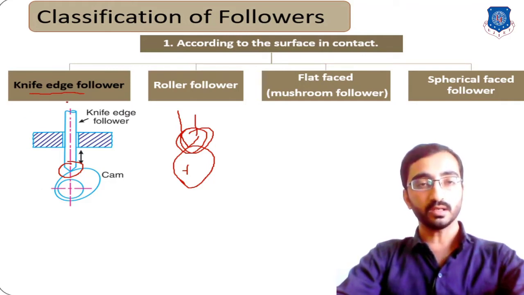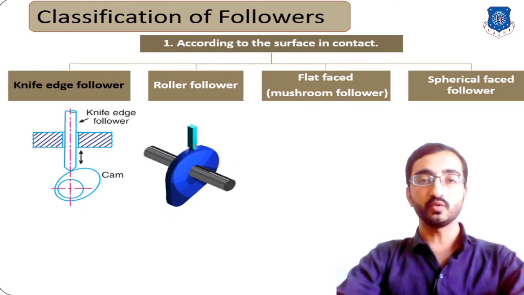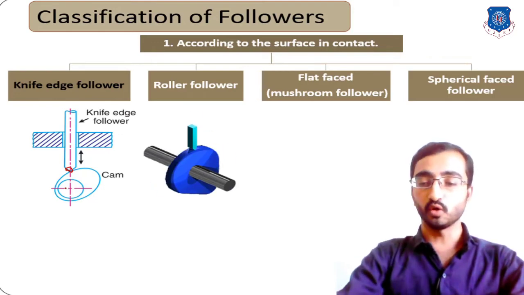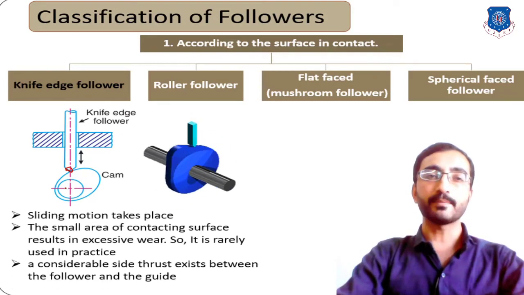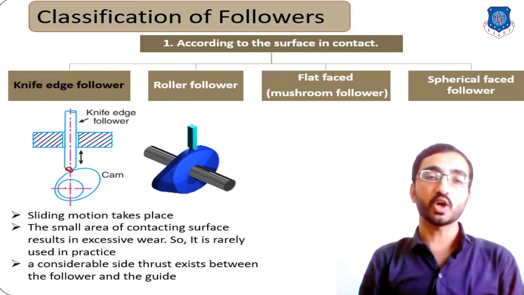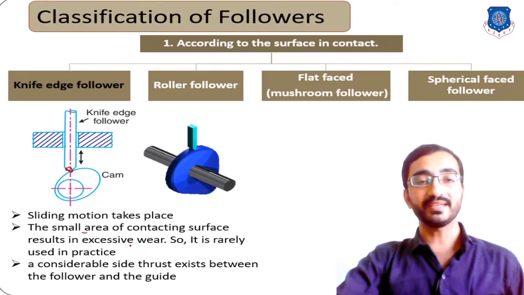Now, in the knife edge follower, if you refer to the function, you will see that it has a sliding motion, because while you are rotating the cam, the tip of this knife edge will be in sliding motion. Due to that it will produce more wear. So this type of follower is rarely used in mechanisms, because it has a small area of contact and that's why it has excessive wear.